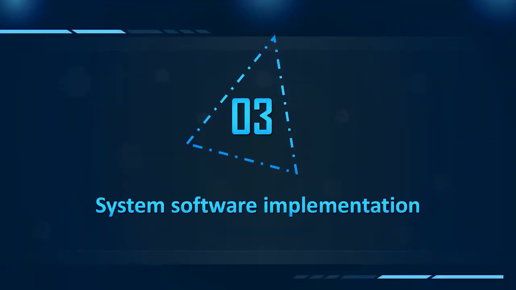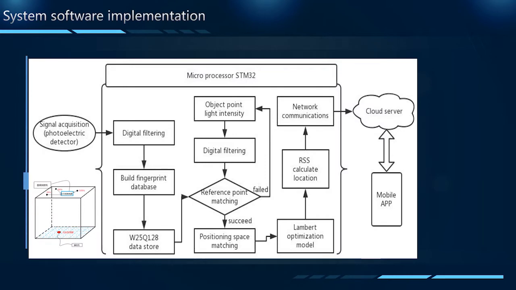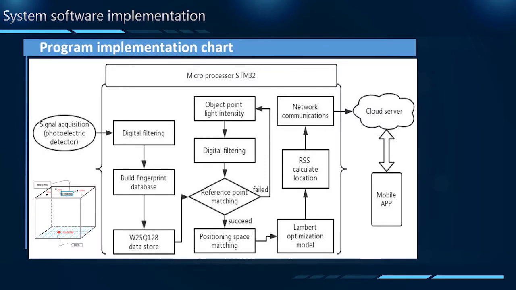Next, let's move on to the system software implementation. The structure of the system software implementation is shown in this figure. The system consists of photoelectric detector, which receives the signal from free space.